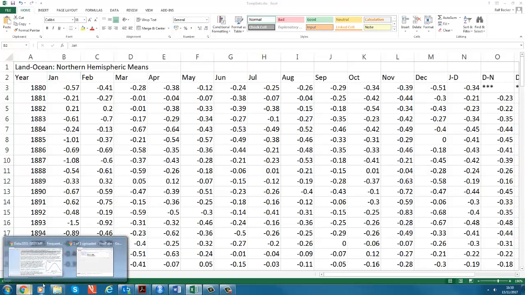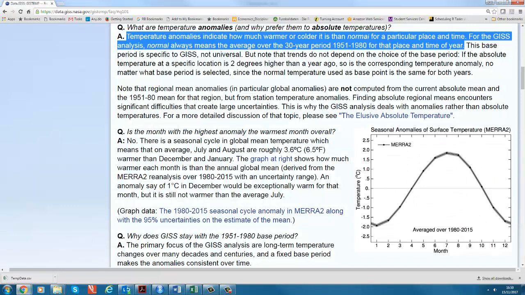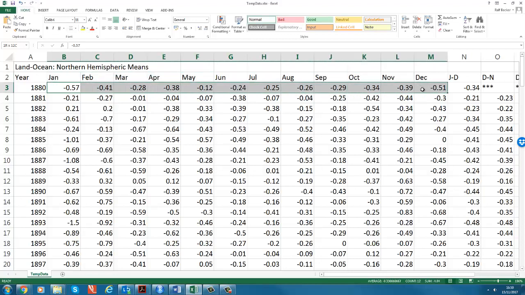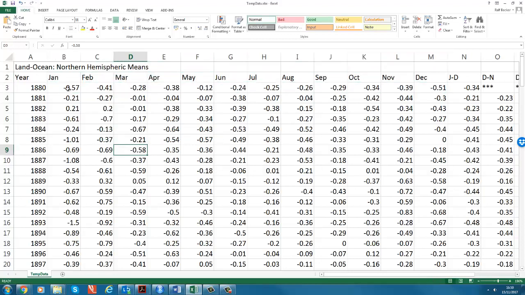Recall the reference period was 1951 to 1980. So that's why we'll later see no apparent seasonal pattern across these months, because the reference period is the particular month and not the entire years 1951 to 1980.